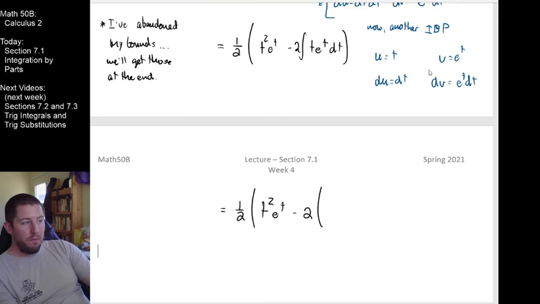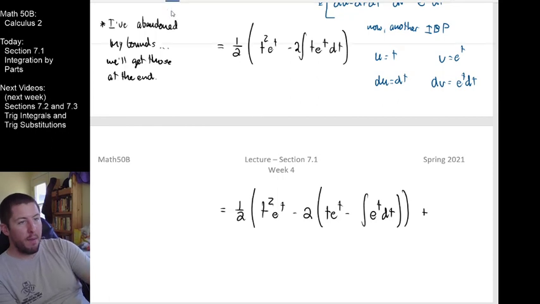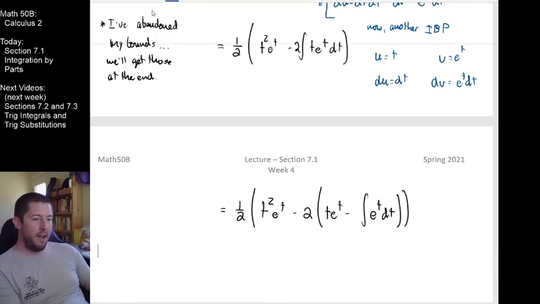Now I've got uv, t e to the t, minus the integral of v du. v du, oh yeah, there it is. That says to me, we're done. I can do all of the integrals that are on the page. We're done, right? Now I just need to do, sorry, I was going to draw my plus C. I got all excited. That's on the next line, but we're basically there, right?